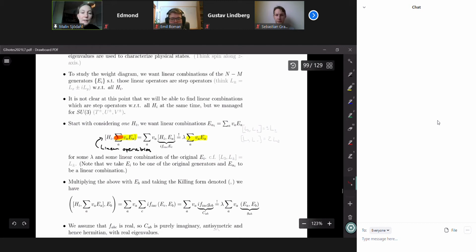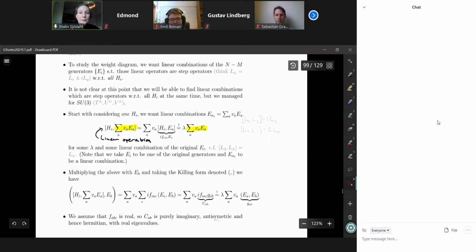So we want to take some linear combination of those with the property that it is an eigenvector of the action given by the commutator of the element H_I, which is an element in the Cartan subalgebra. So we want H_I commuted with the linear combination to be a constant lambda, eigenvalue lambda, times the linear combination.